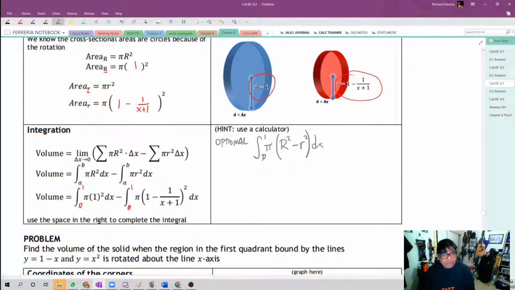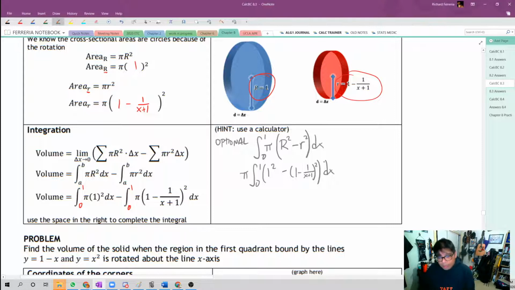That's the base here. So I'm going to go ahead and put these together. So we got 0 to 1, put the pi on the outside, and this is 1 squared minus 1 minus 1 over x plus 1 squared dx. Okay.